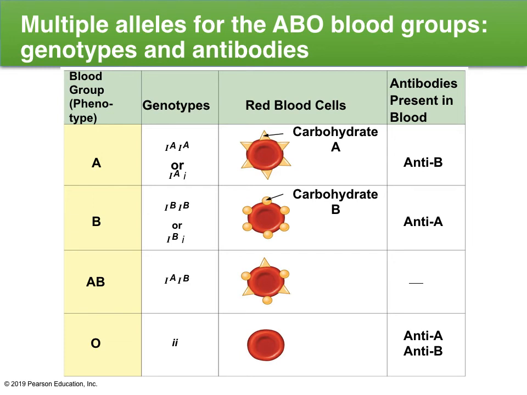And this is why anybody can receive O blood, but a person who is O can only receive O blood, right? So this is compatible with any of these, but they can only receive the same type because anybody else's red cells, rather, are going to be a problem.